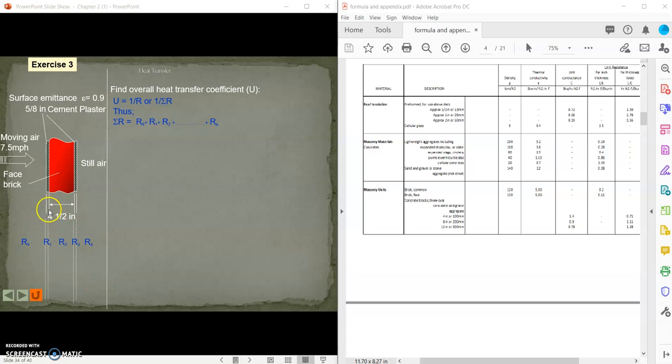The first one is R0, the moving air, and then R1 is the thermal resistance for cement plaster. Next one is face brick, and R3 is cement plaster also. Then R4 refers to the still air.